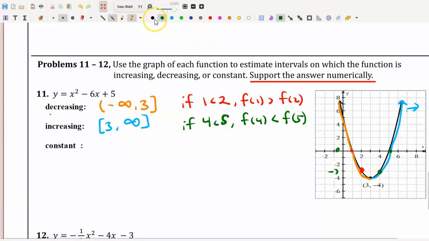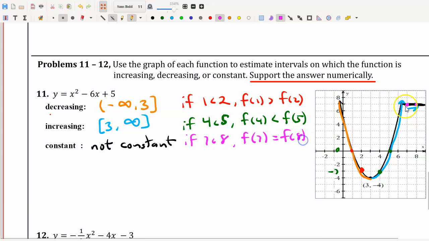All right, and constant, we could just say no part of this is constant. Now for completeness here, let's just say this was over here a constant part of a function. How would you actually write that? We would pick, again, 2 x's, and we would say, well, if 7 was less than 8, if it's constant, the f of 7 is equal to the f of 8.